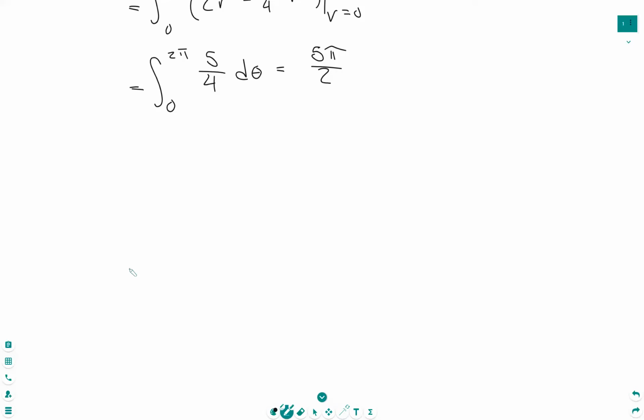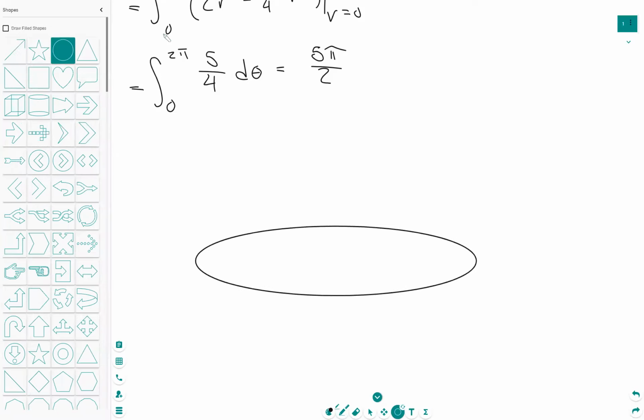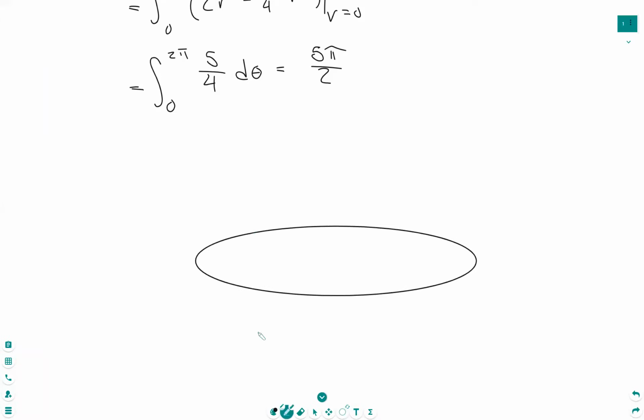Imagine, specifically for doing Gauss, that I've got some bowl here, and I do not include the bottom. I have some surface, and I want to find the flux that goes through this bowl.